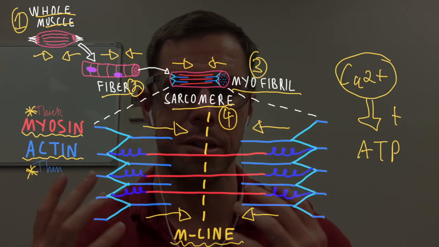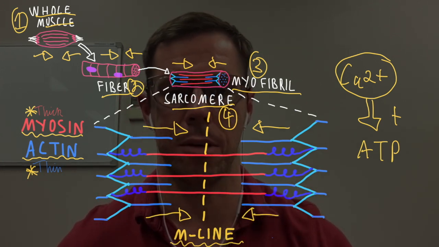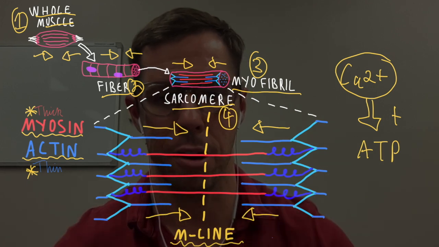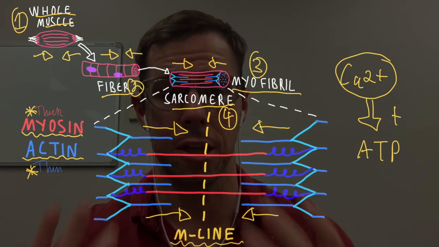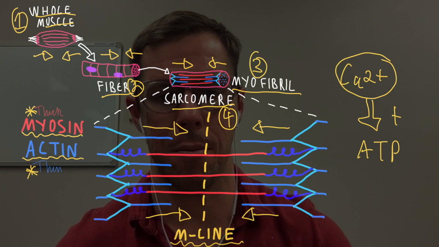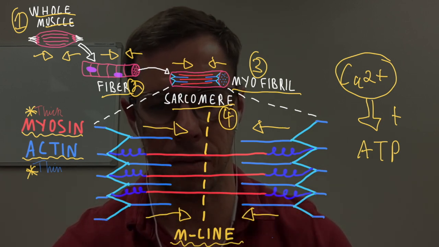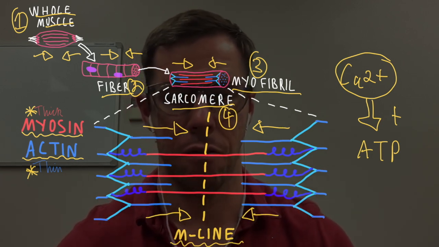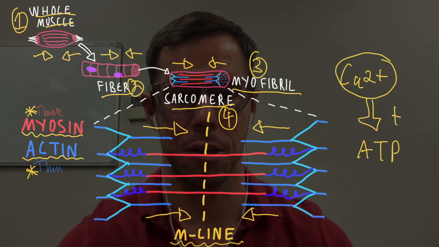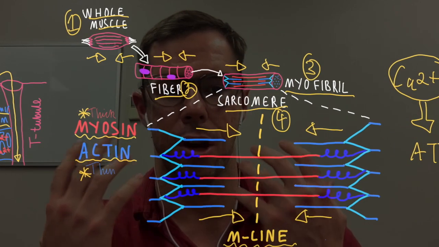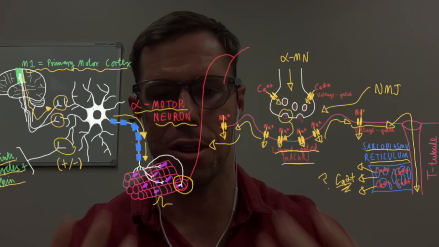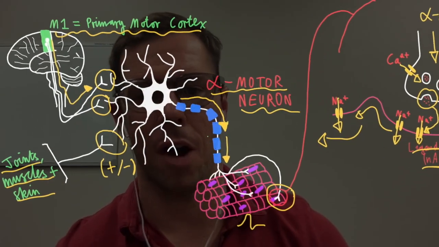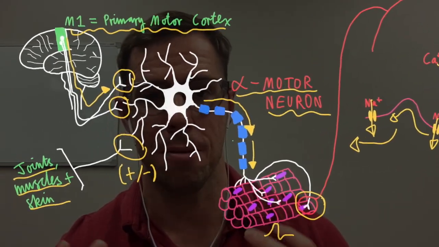So, to voluntarily activate and contract our muscles, this occurs very quickly, in the order of milliseconds. So it's important to keep in mind that the entire process of muscle activation and contraction, from the cortex to the muscle, described in this video, is very quick and allows us to interact with and move within our environment rapidly and with minimal delay.